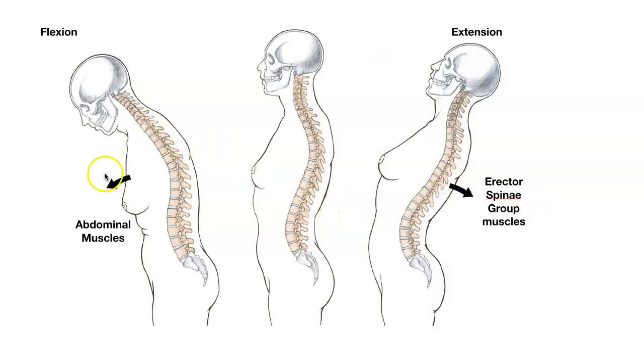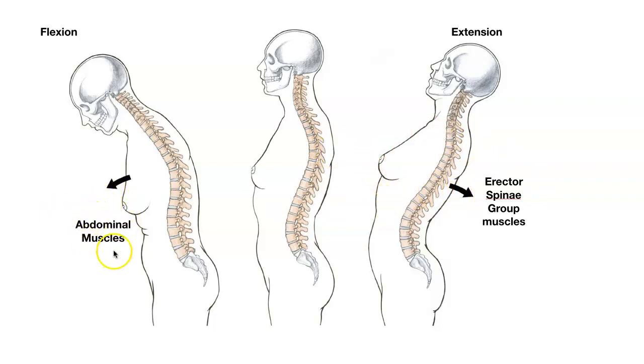So when you look at this, we have the abdominal muscles anterior, the erector spinae group posterior, they're on opposite sides of the body. They have opposite actions on the vertebral column. These muscles are antagonists to each other. Opposite actions, opposite sides of the body.